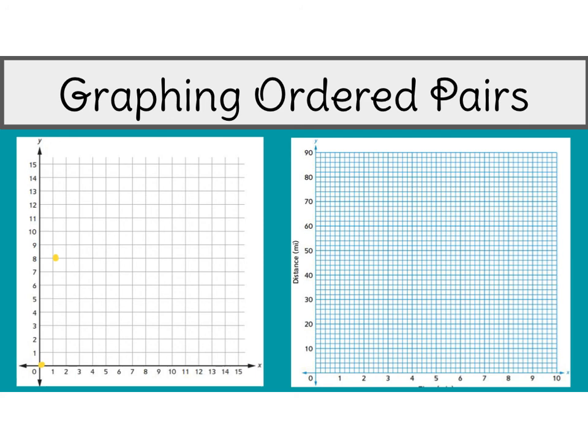So if we were going to plot the coordinates from our problem number 1, could we use the one on the right? And the answer is yes. So you will be plotting on a grid similar to this on page 265 in your workbook. So don't forget, when you're given the ordered pairs, you go over and then up.